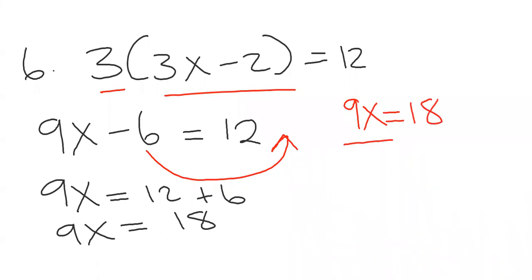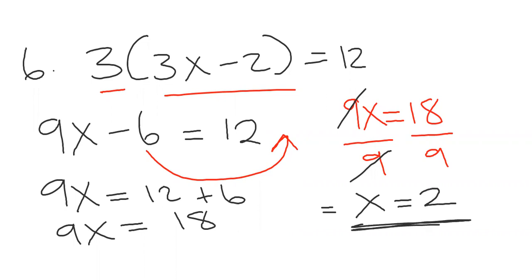So we divide by the coefficient, which is 9, on both sides. If your denominator and your numerator are the same, they cancel out, so we are left with an x, and this side we have 18 divided by 9, which gives us a 2. So that's the final answer.